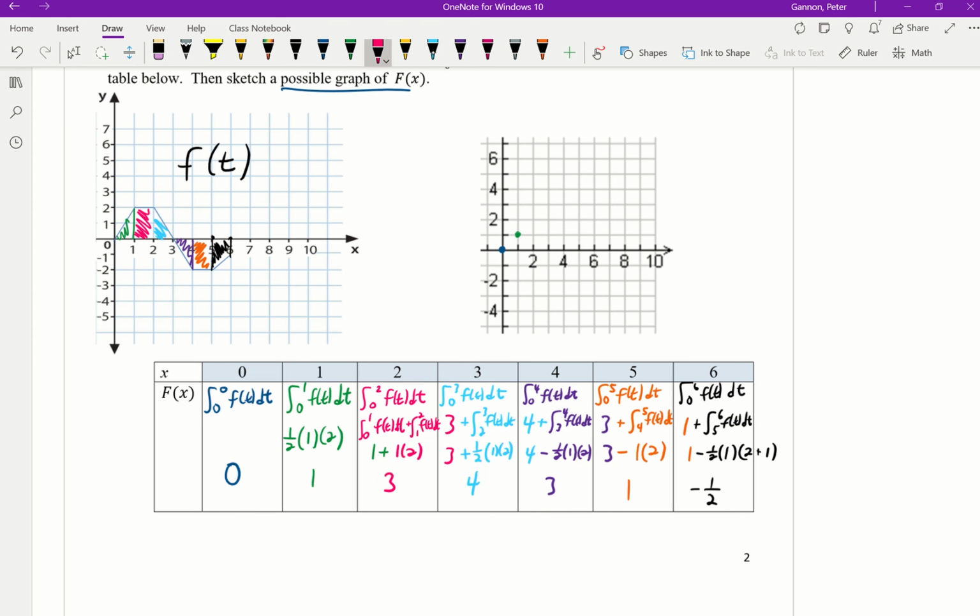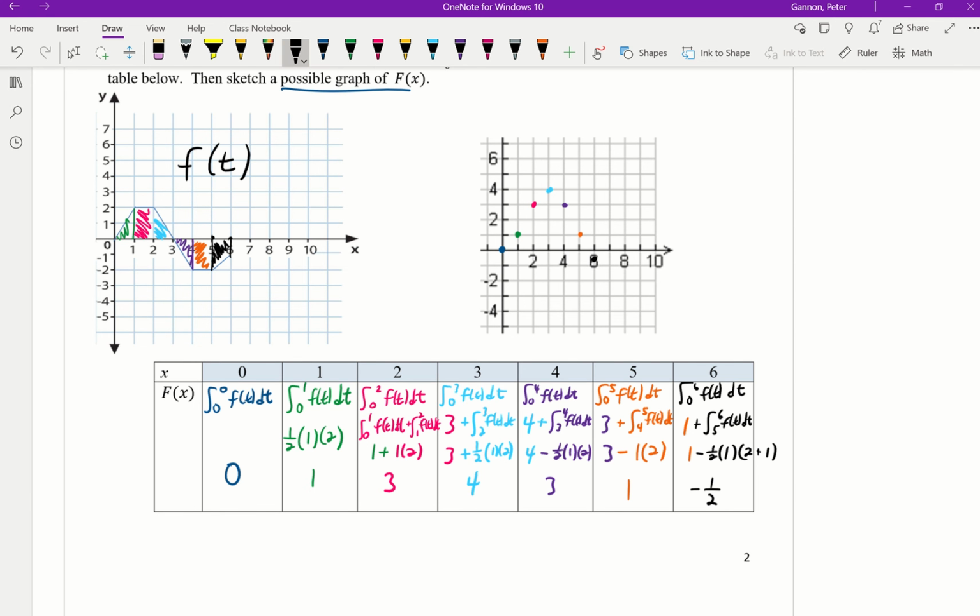The next point is 3, 4. The next point is 4, 3, so over 4 up 3. Our next point is 5, 1, so over 5 up 1. And our final point is 6, negative 1/2, so over 6 down 1/2.